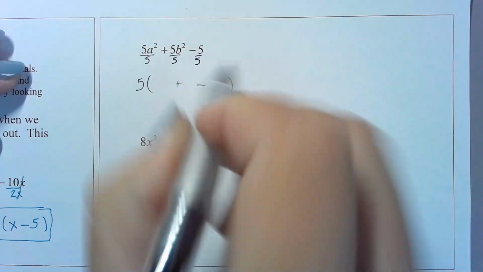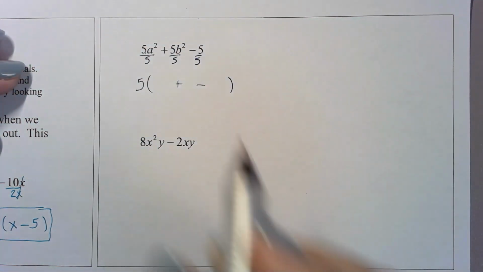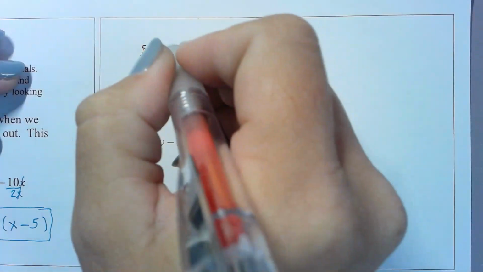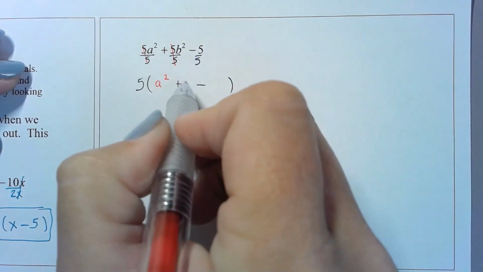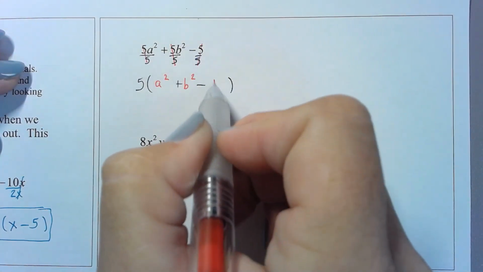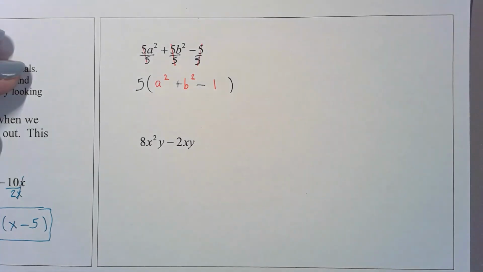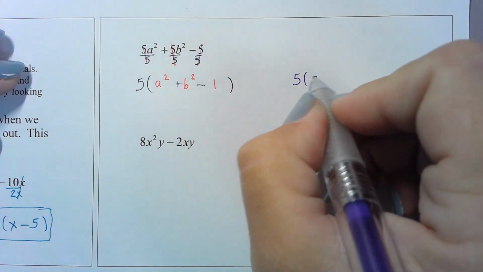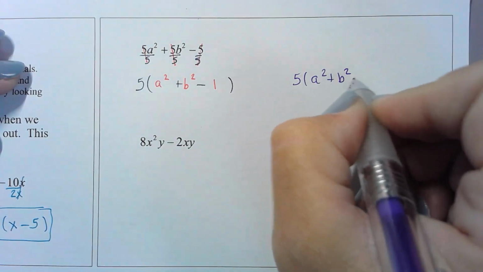And I'm saying that for a reason. So when I take out a 5, I'm left with an a squared, a positive b squared, and then a minus 1, right? 5 divided by 5 is 1. So I made a mess with different colors, but I have a 5 times the quantity a squared plus b squared minus 1.